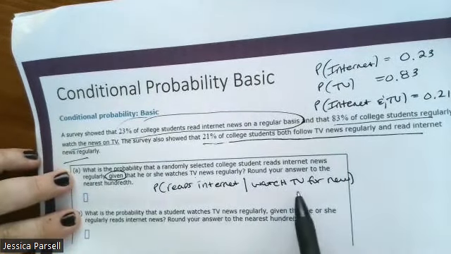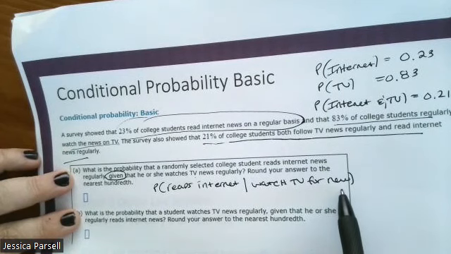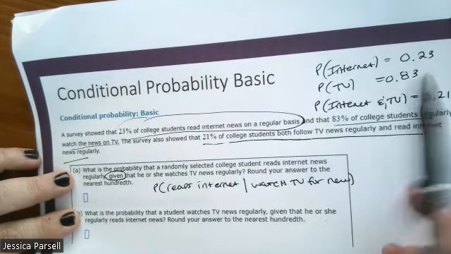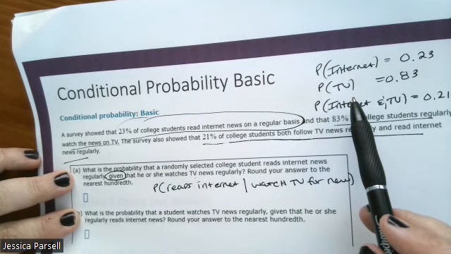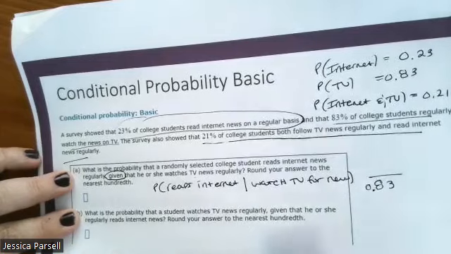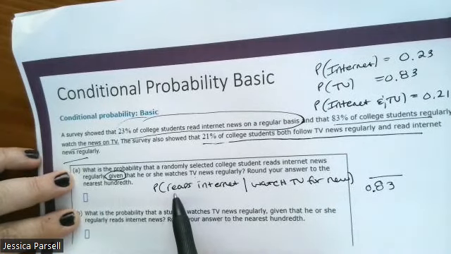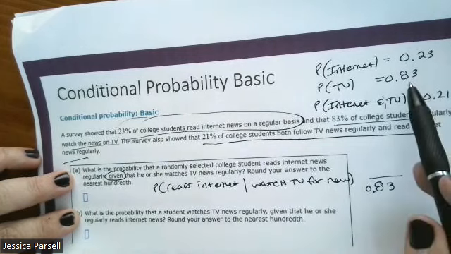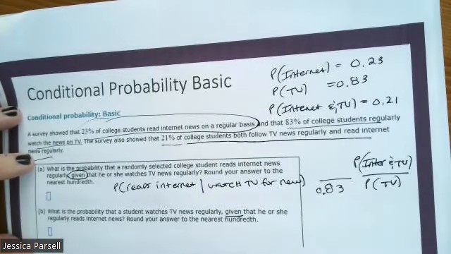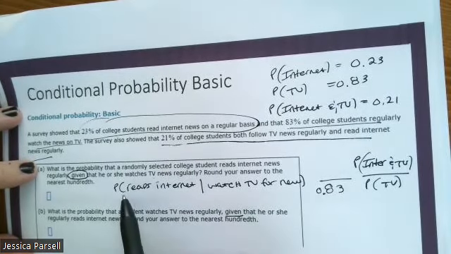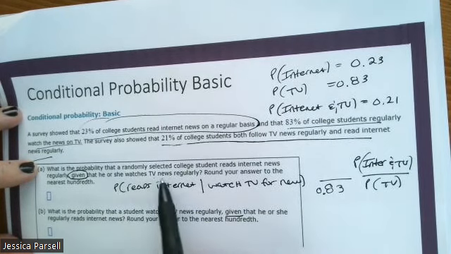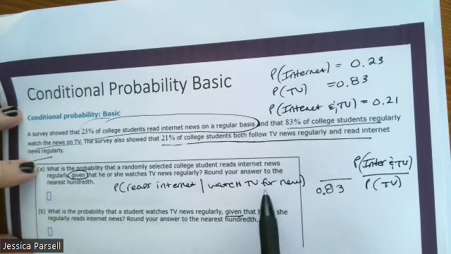Okay, so watching TV for their news is going to need to be our given. That needs to be our denominator. So watching TV for news is 0.83. All right, so that's going to go down here. And then the probability that they read or get their news from the internet, given that they watch TV news regularly, is going to look like this.